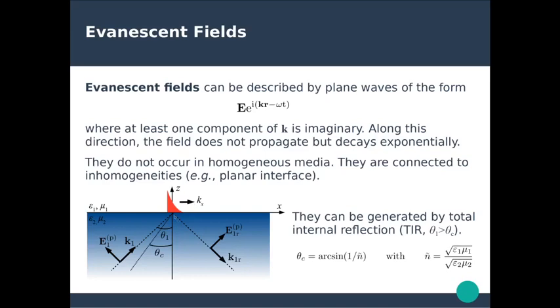You can also calculate the critical angle for which this happens. This critical angle is the arc sine of 1 over n, which is the relative refractive index between the two media. So this is dictated by the composition of the materials on either side of the interface.